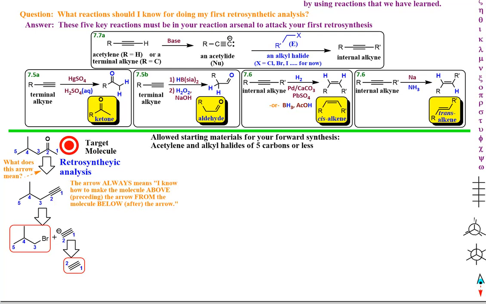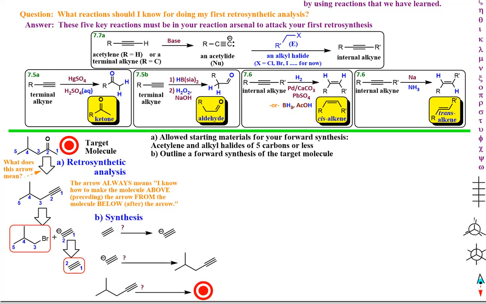In our forward synthesis, which you must also do, part 2 is to outline a forward synthesis of the target molecule. I fixed a typo here. How do I make acetylene into acetylide?